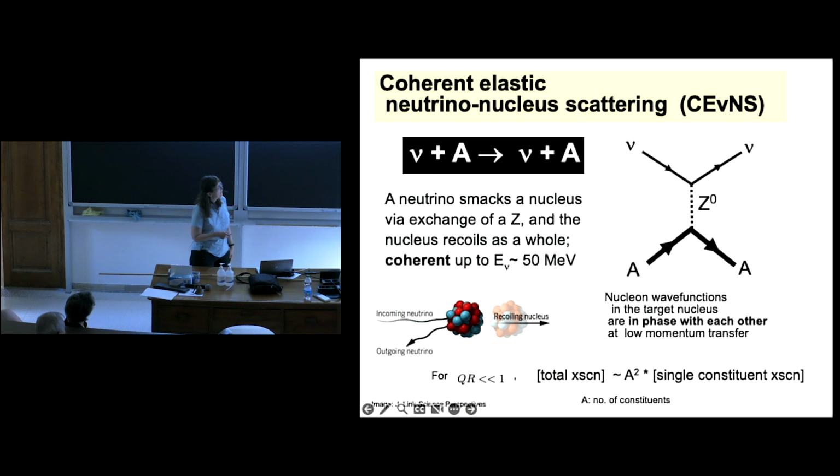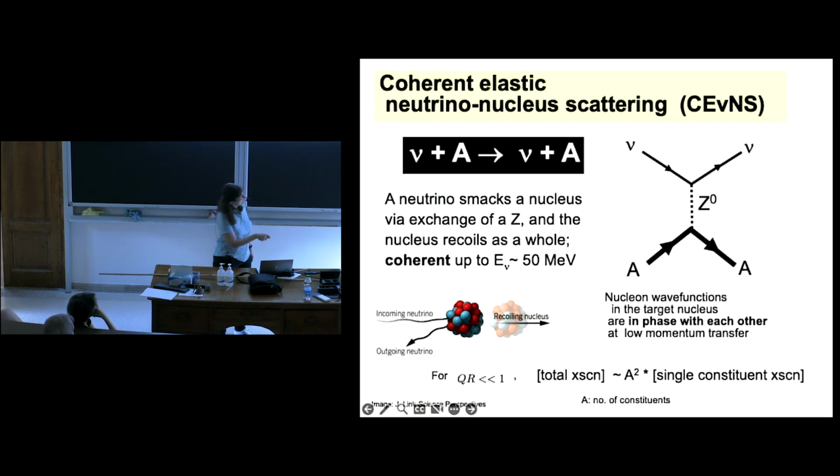You can think of this as the nucleon wave functions in the target nucleus being in phase with each other. The hallmark of coherence is that the total cross-section scales as a single constituent cross-section times the square of the number of constituents. And in this case, a constituent is more like a neutron.